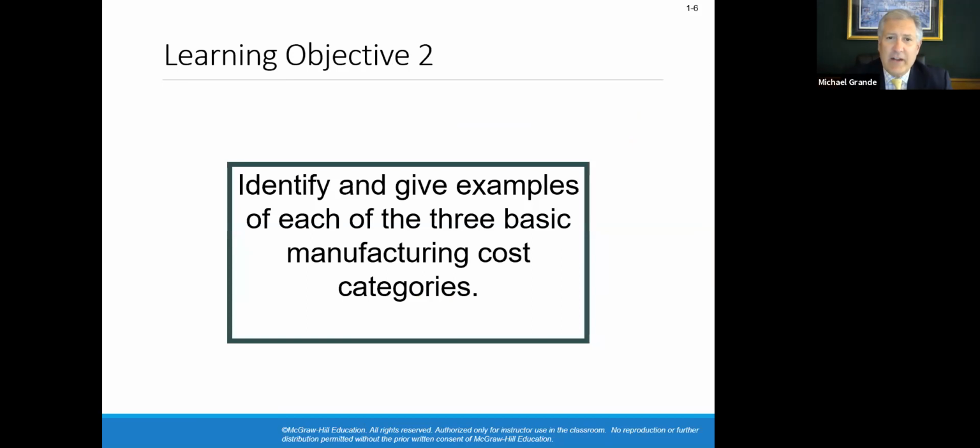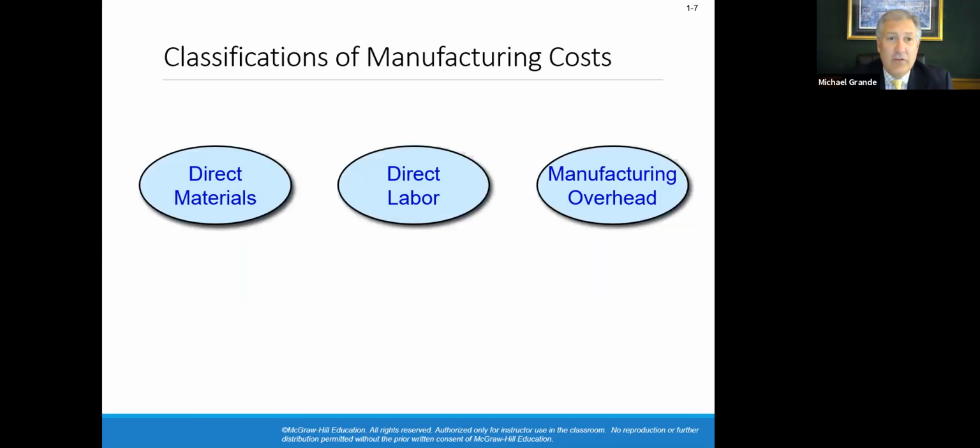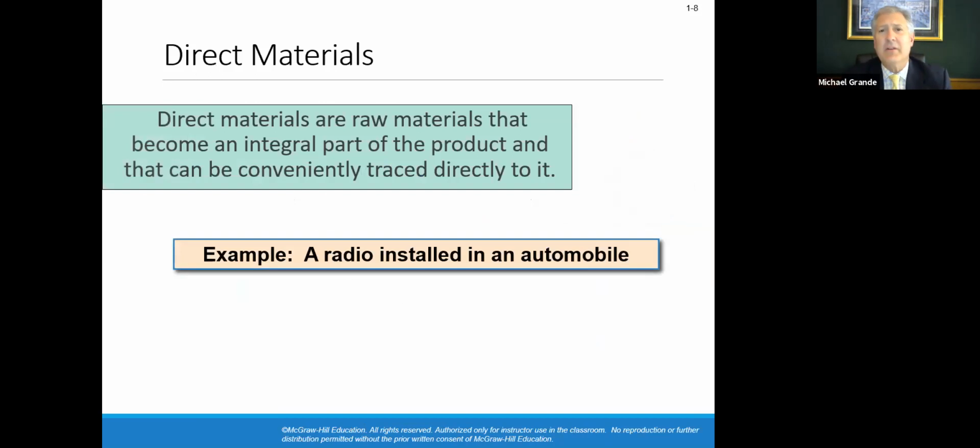Learning objective 2, identify and give examples of each of the 3 basic manufacturing cost categories. We talked about that a little bit. Direct materials, direct labor, and manufacturing overhead. Direct materials are raw materials that become an integral part of the product and that can be conveniently traced directly to it. The example given here is the radio installed in an automobile.